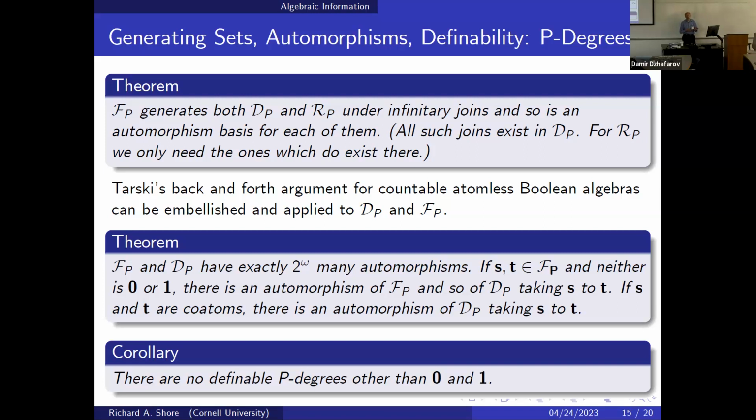And so you can switch them. You can take the formula in which this is phi and this is not phi. You could have an automorphism which interchanges phi and not phi, and that is an automorphism, so it moved one to the other. So you couldn't have defined one of them.